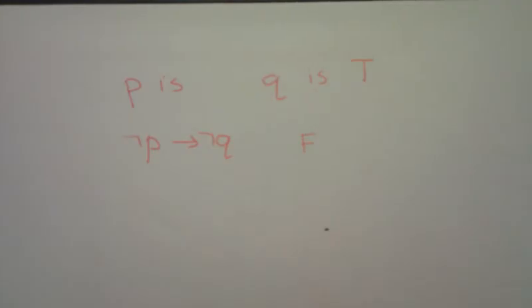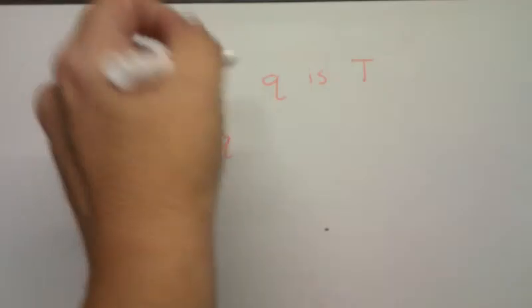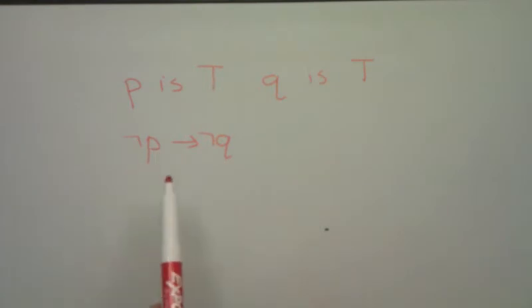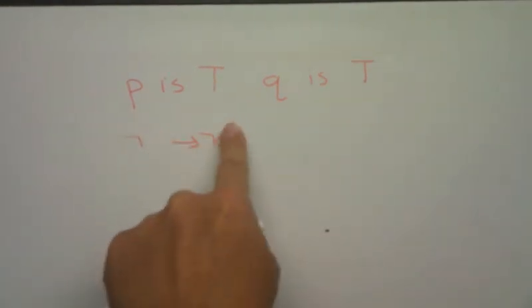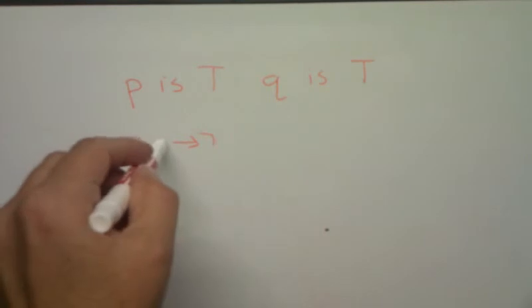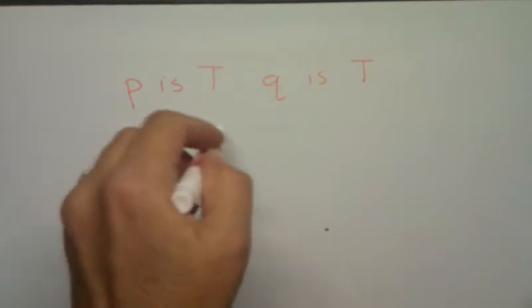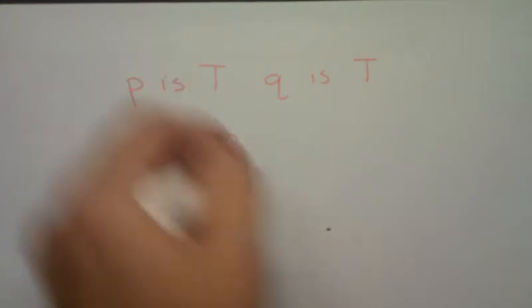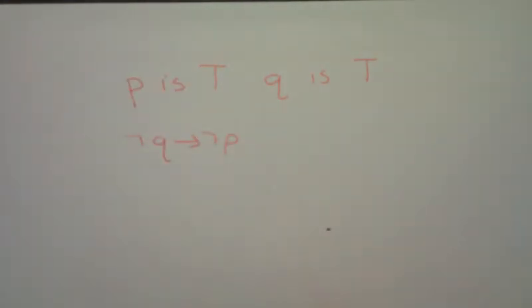What if P and Q are both true? Then what would if not Q, then not P be? Would that be true or false?